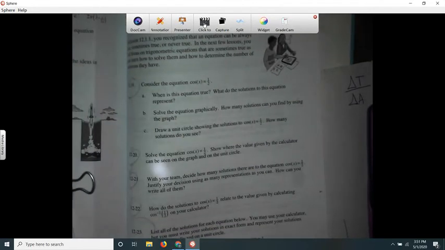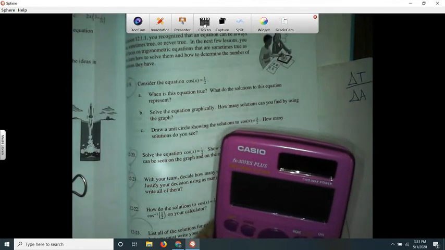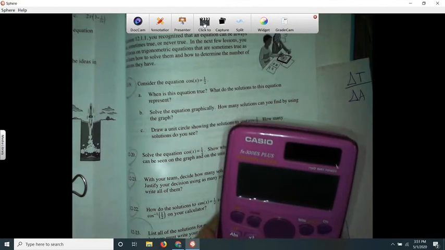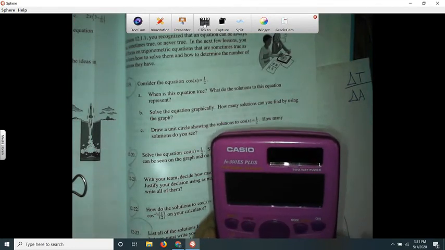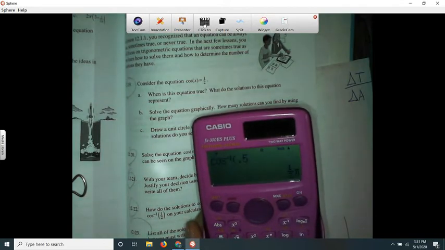And now we're ready for 12-22. It says, how do the solutions to cosine of x equals a half relate to the value given by calculating cosine inverse on your calculator? When I did cosine inverse on my calculator, I got pi over 3.